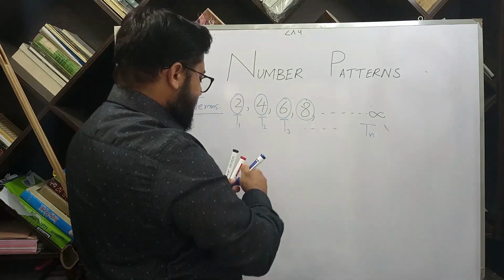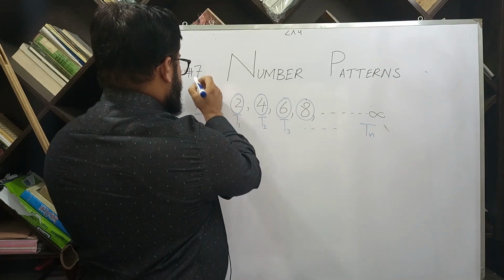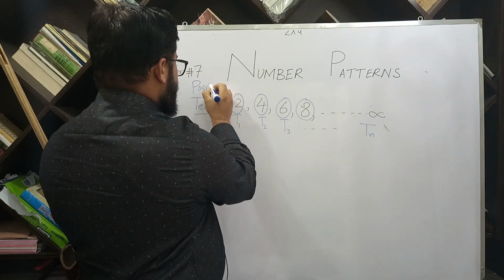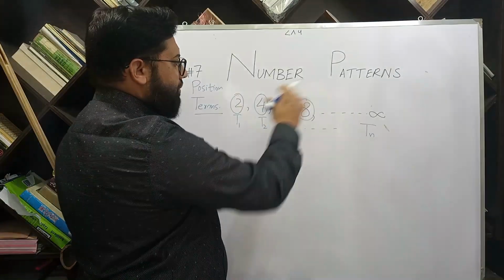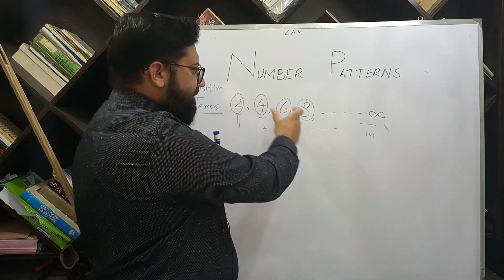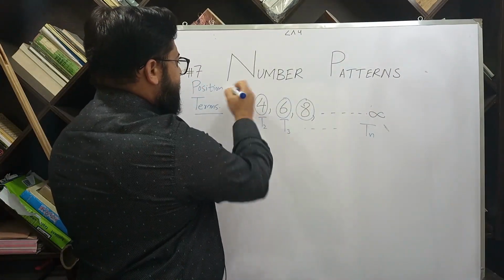Next, its position, which is very important. Over here we will write position. Positions are the boxes in which these terms have been placed. These positions are fixed for every question.